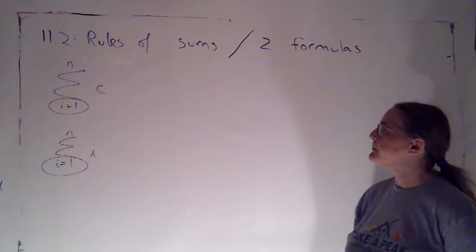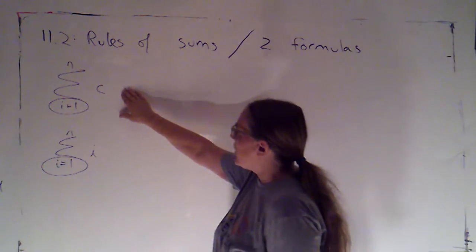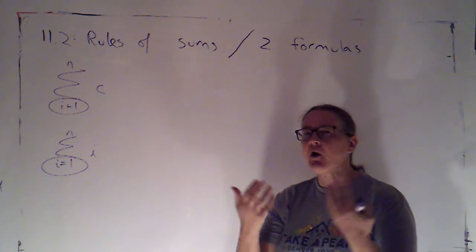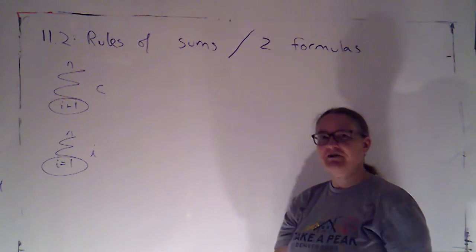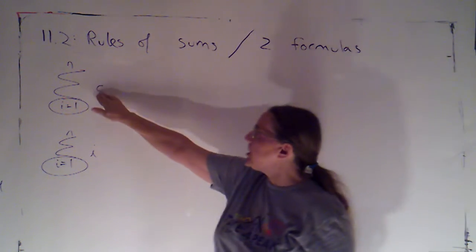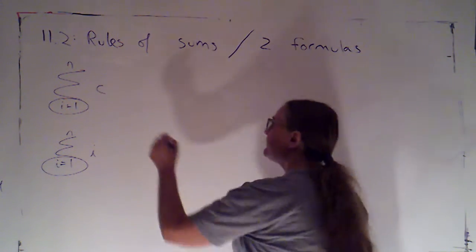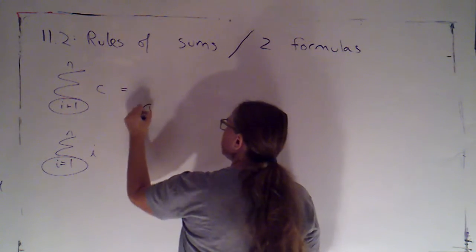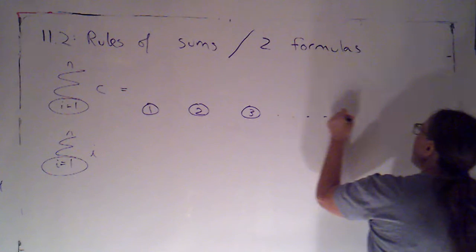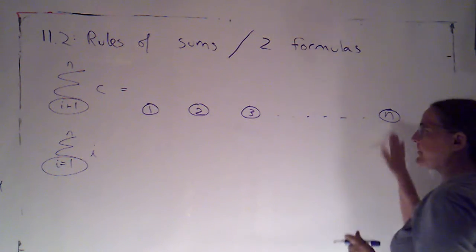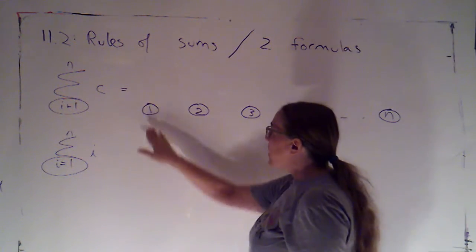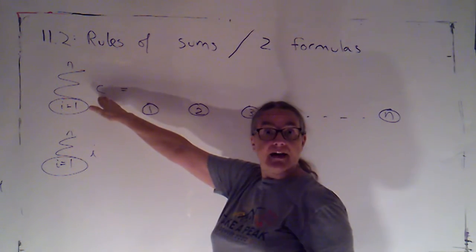All right, this first one, you'll notice that the terms that I'm adding up are just C. There's no I in there. C here stands for constant. So I'm adding up a constant term. Now if I were to write that out, my index is going from 1, we count, all the way to n, whatever that ending index is. And regardless of what the index is, I'm always getting the same term.